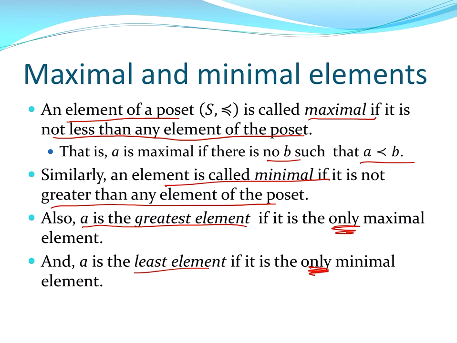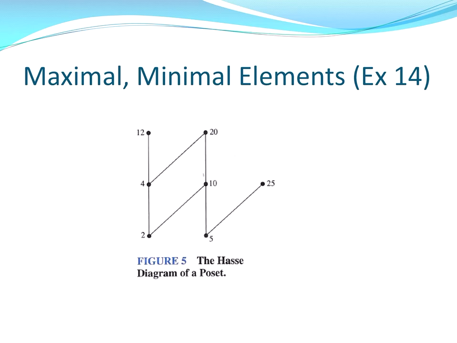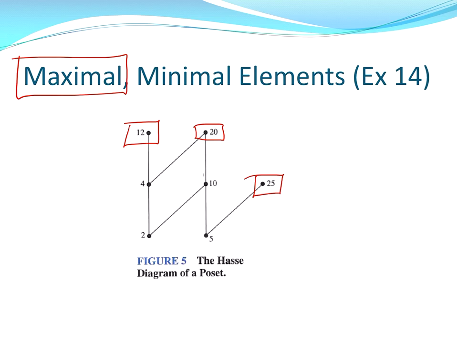Let's look at an example. Here is a Hasse diagram for the divides relation on these integers. What are my maximal elements? Well, I have 3 of them, because 12 does not divide anything else in these elements, 20 doesn't divide anything else in these elements, and 25 does not divide anything else in these elements.